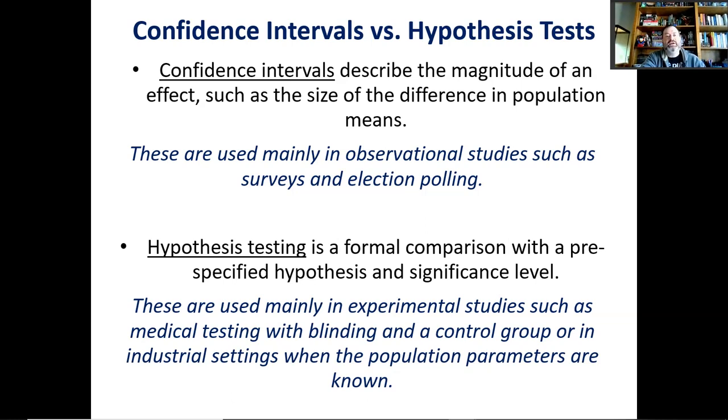Hypothesis testing is usually associated with a much more formal setup with randomized experiments. Now, that's just a generalization. Hypothesis tests can be used with observational studies, and it happens all the time. Confidence intervals can be used with hypothesis testing. It happens all the time. But if you're not sure, this is a good guideline.